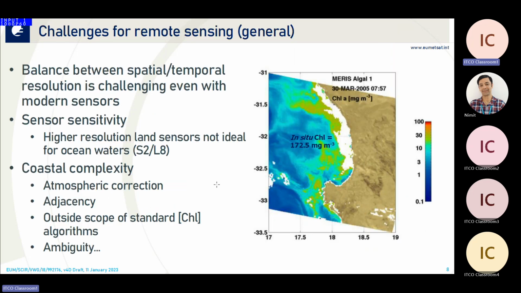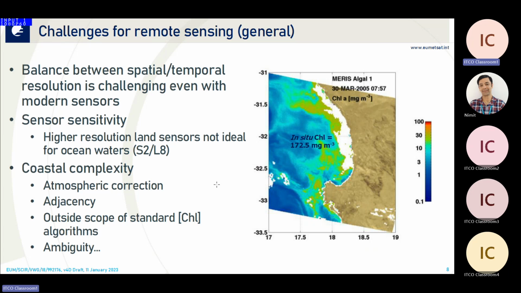So from the remote sensing point of view, so far we have been talking about HABs, but we are not really making reference only to remote sensing data. We can also use in situ data to detect them. But concerning the challenges for remote sensing, the main problem is that we don't really have a good balance between the spatial, temporal, and spectral resolution of the sensors to be able to understand what happens in the water.